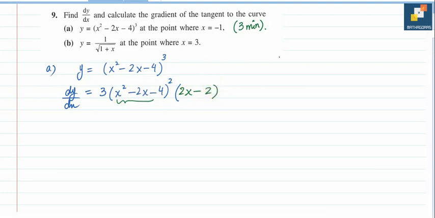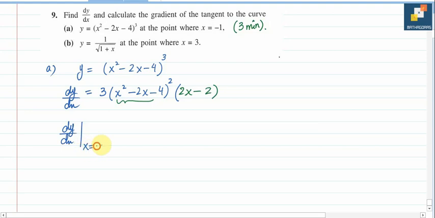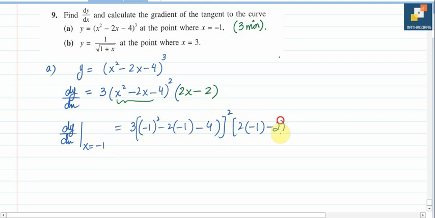Now we need to apply the value of x. So dy by dx at x equals minus 1 equals 3, and instead of x, I am going to apply minus 1. So 3 times (minus 1 square minus 2 times minus 1 minus 4) with the power of 2, and 2 times minus 1 minus 2. Now we can solve it.